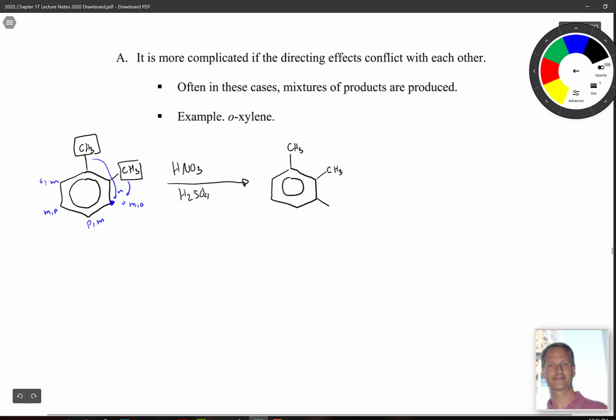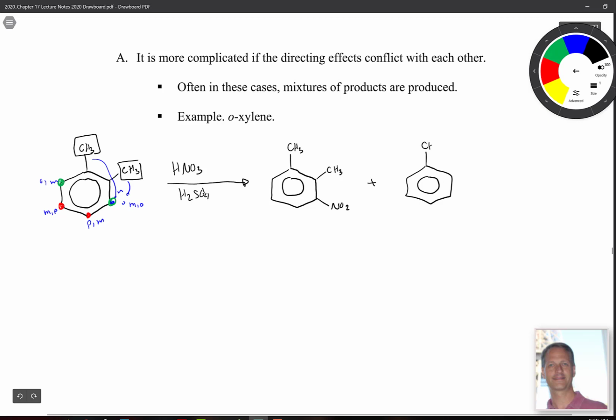Well, if we nitrated it right here, that would give us the same product. And so this position here and that position would give you the same product, right? And then those other sets down here, this guy here and that guy down there, would give you the same product too. So we're just going to get two products here.